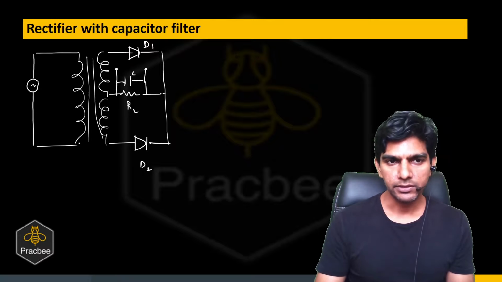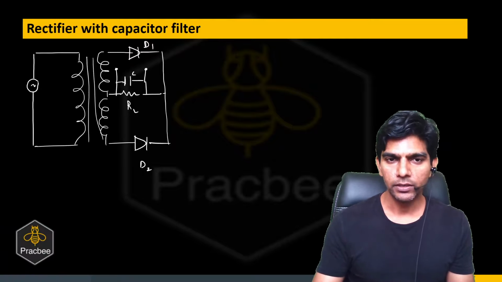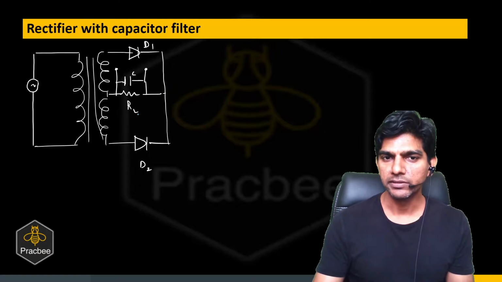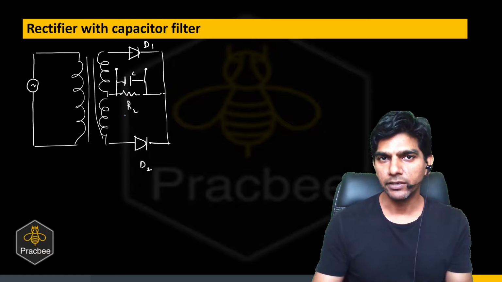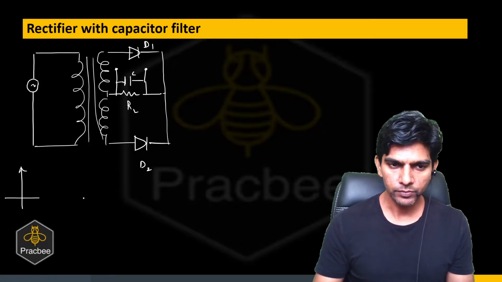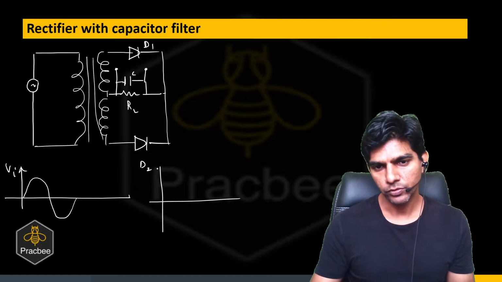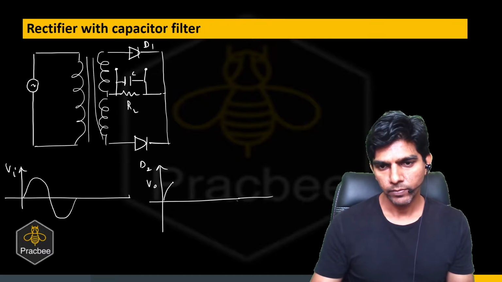Now what would happen in this case? In this case, as the current flows through the resistor, the capacitor will also get charged. So if the input voltage is sinusoidal like this, in this case the output voltage will increase, right?